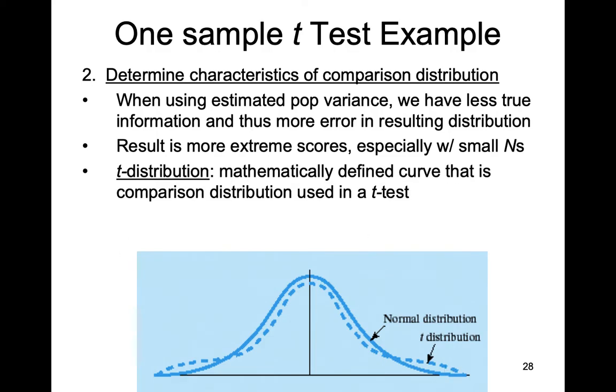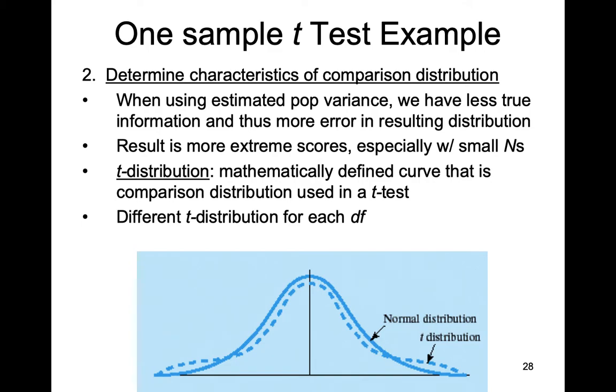All right. So our t-distribution is this mathematically defined curve, and we're going to use it as our comparison distribution in place of the normal distribution when we're doing a t-test instead of a z-test. It turns out that there is a different t-distribution for each degree of freedom. So degree of freedom comes from our sample size. It's n minus 1.